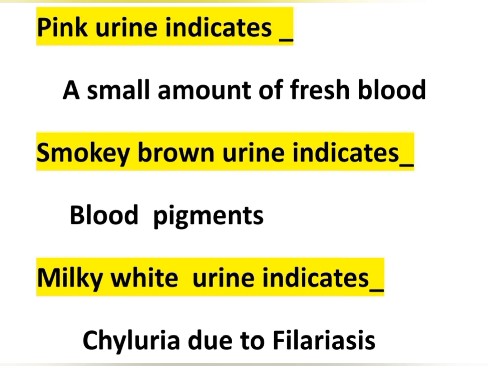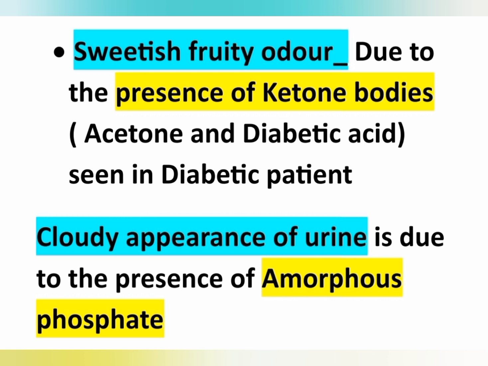Okay, smoky appearance with brown color of urine indicates blood pigments, and milky white urine indicates chyluria due to filariasis. This is an important point, chyluria, milky white urine. This is also an important point, sweetish fruity odor of urine indicates the presence of ketone bodies.